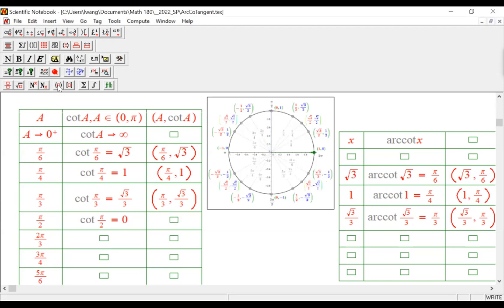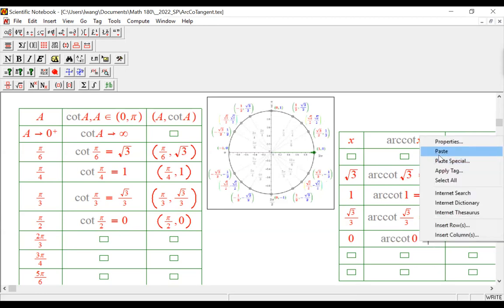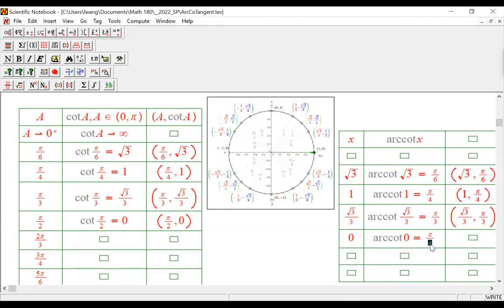So on this point, pi over 2 is the input, and the output is 0. On the other side, I have a 0, and arc cotangent of 0 equals pi over 2.